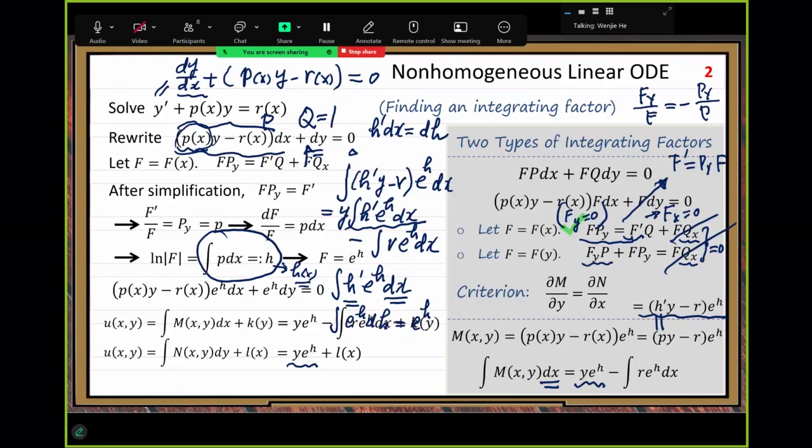Now we need to use our shortcut way. Remember last time I mentioned a shortcut way. So we write our u in these two ways, but when we need to write the final u, the shortcut way tells us you only pick the terms that appear in one of the two expressions, like a union of the terms.